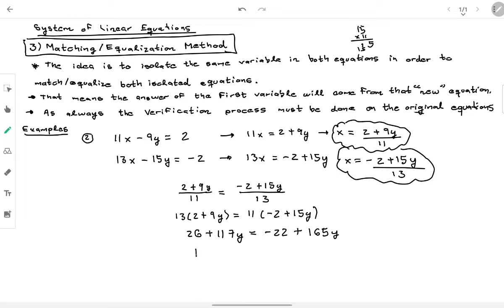So it's going to be 117y minus 165y equals minus 22 minus 26. So it's going to be minus 48, and it's going to be 165 minus 117.